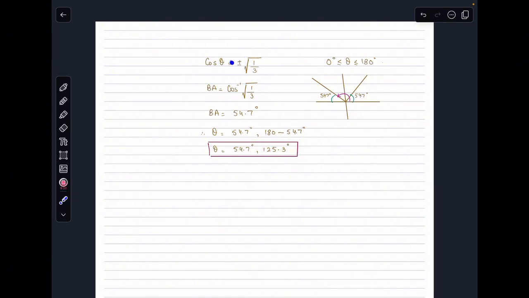So with respect to the plus and minus and the given domain, which was from 0 degrees less than or equal to theta less than or equal to 180 degrees, I have the quadrant which is going to be positive for cosine in the first quadrant, and then negative for cosine in the second quadrant.